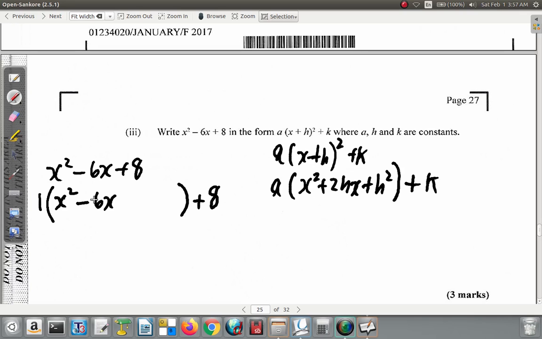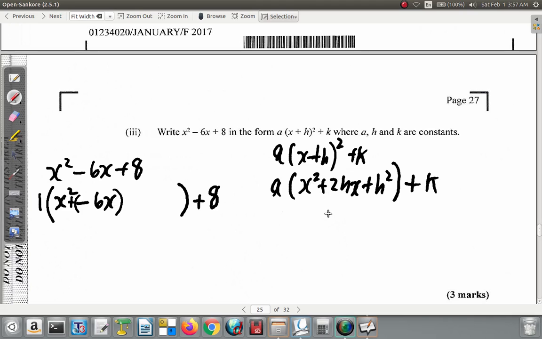Alright, now it says plus 2hx, so we put x plus, and it's negative 6x that you're adding inside the bracket here. We want it in the same pattern, so it's plus 2hx.